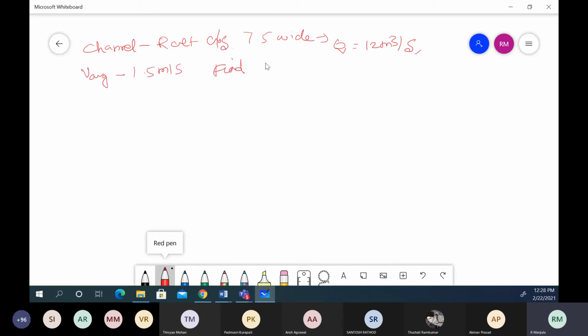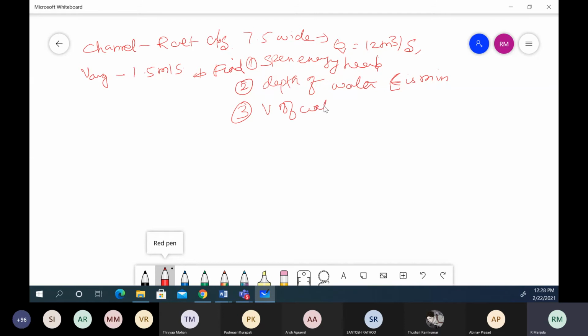Now find: number 1, specific energy head; number 2, depth of water when E is minimum; number 3, velocity of water when E is minimum; number 4, E minimum, what is the minimum specific energy head; then what is the type of flow? You need to find out all those things.